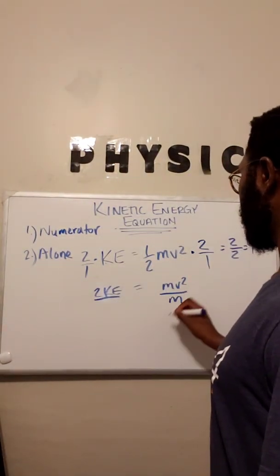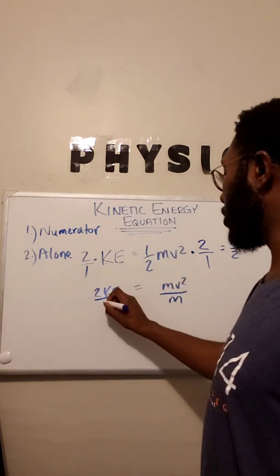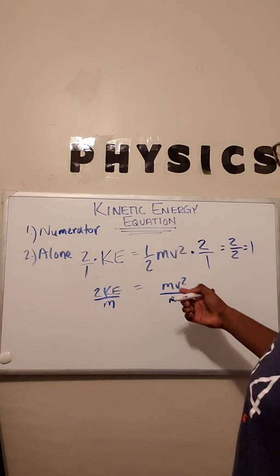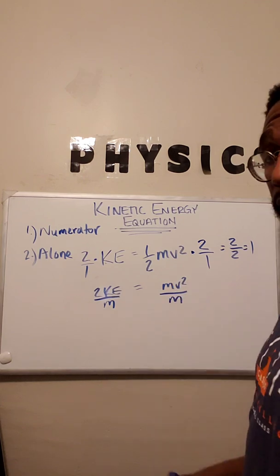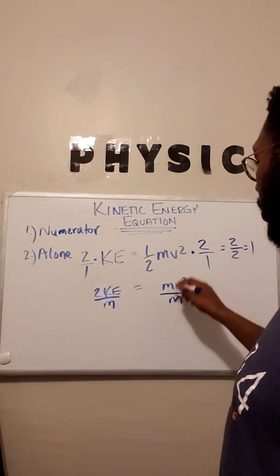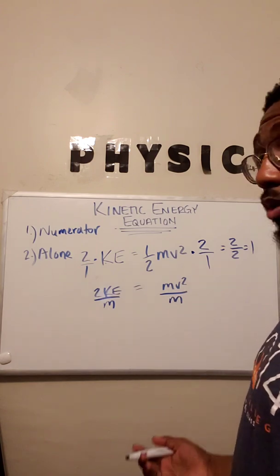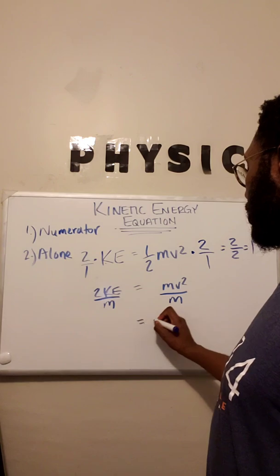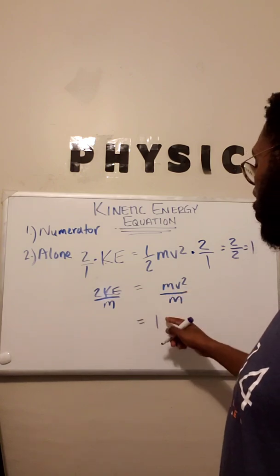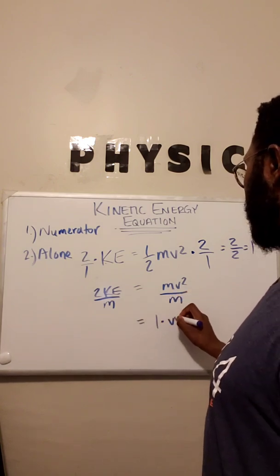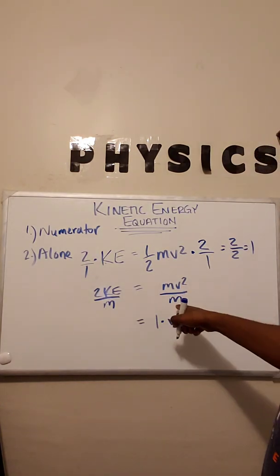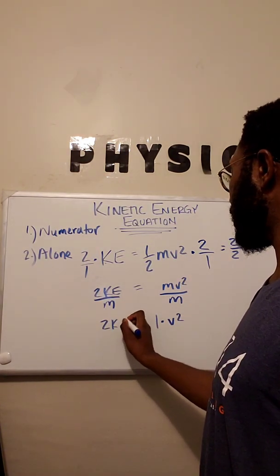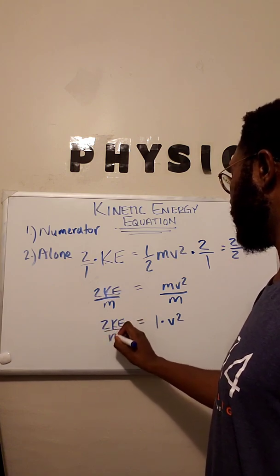So m, we divide by m on both sides. Okay? So again, we can say m cancels out, right? We have m up top, m on the bottom. We can cross them out. Or, like we explained before, m divided by m is the same thing over the same thing, which equals 1. Okay? So now we have 1 times v squared, which is equal to 2ke over m.